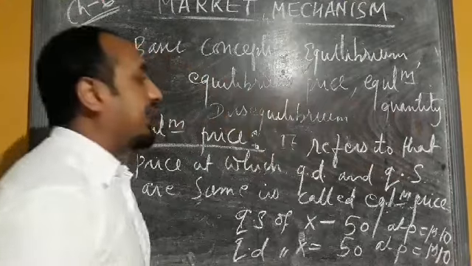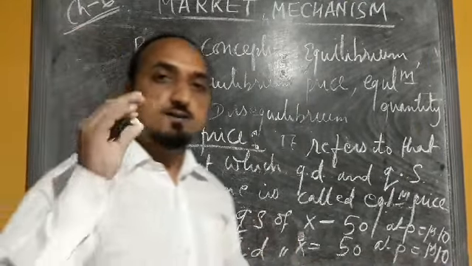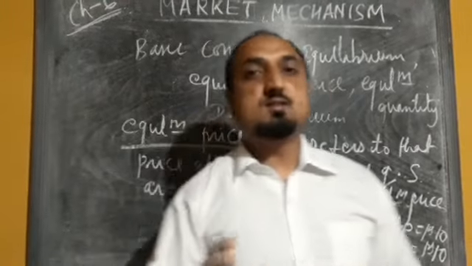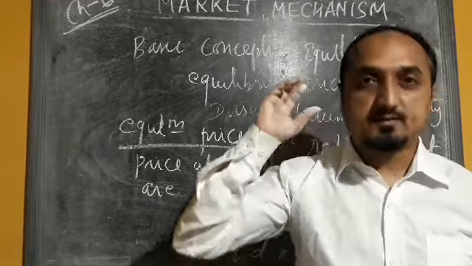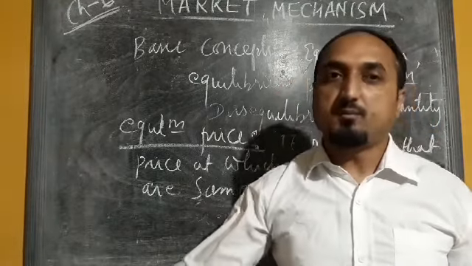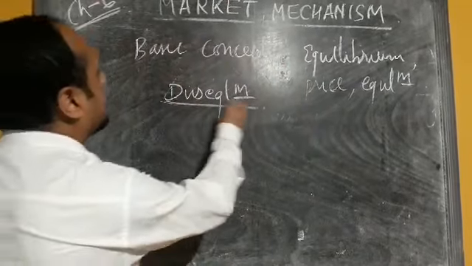That means at price rupees 10, quantity demand and quantity supply are the same. So the definition says that the price at which quantity demand and quantity supply are the same is known as equilibrium price.